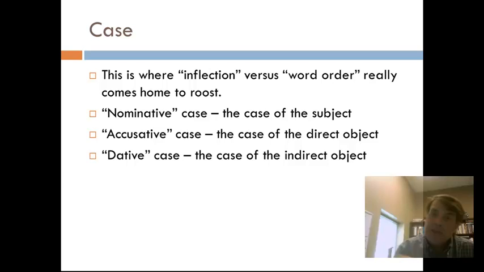Oftentimes, the dative case will put the word to in front of it. And there is no word to there in Latin. This is an important early shift to make in learning Latin, learning any language, is that sometimes it may take more than one English word to translate a single Latin word.